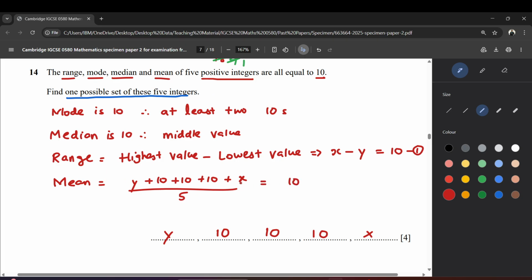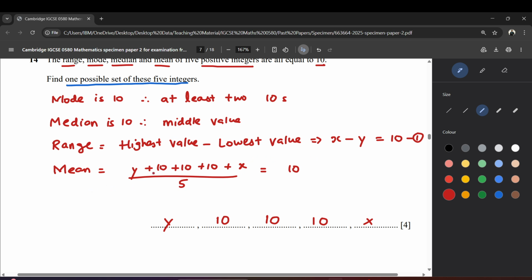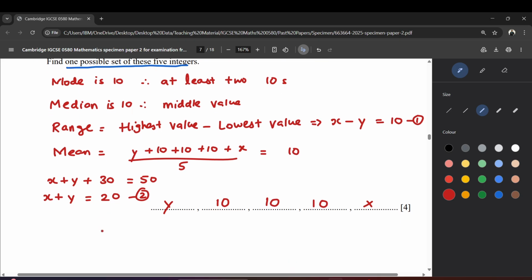Multiply 5 to the other side, so that will be x plus y plus 10 plus 10 plus 10, that is 30, equals 50. So x plus y equals 50 minus 30, that is 20. That is my equation number 2.